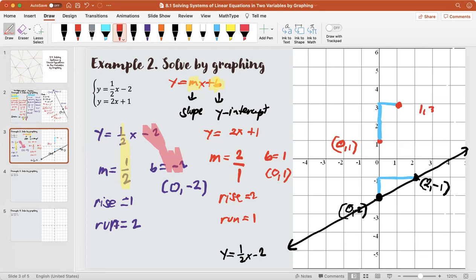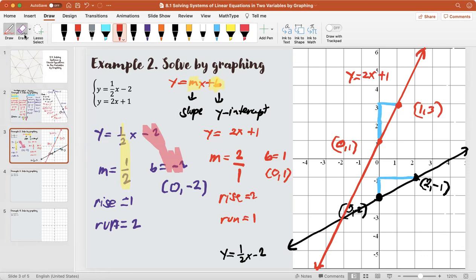All right, 1, 3. And the next step, connect these 2 points. All right, so this is your graph, the graph of y equals 2x plus 1.